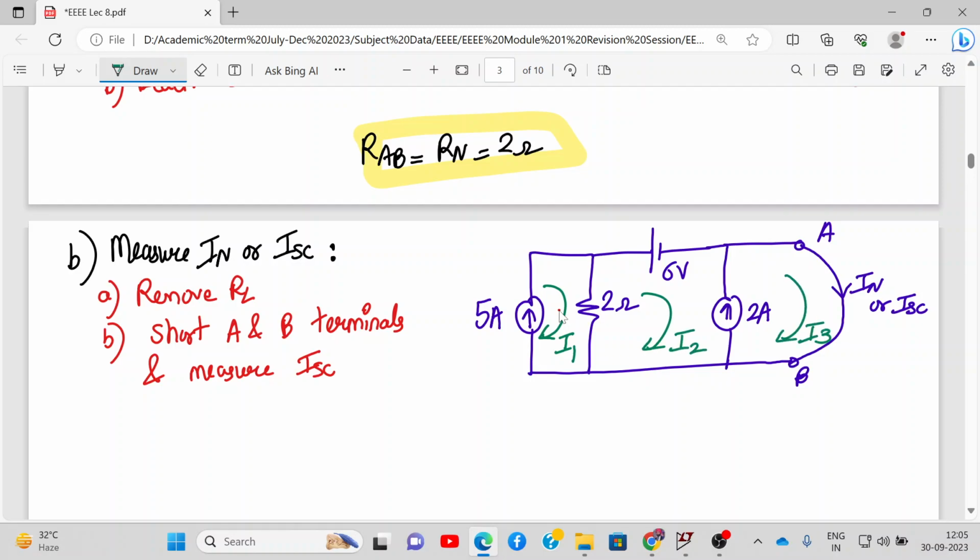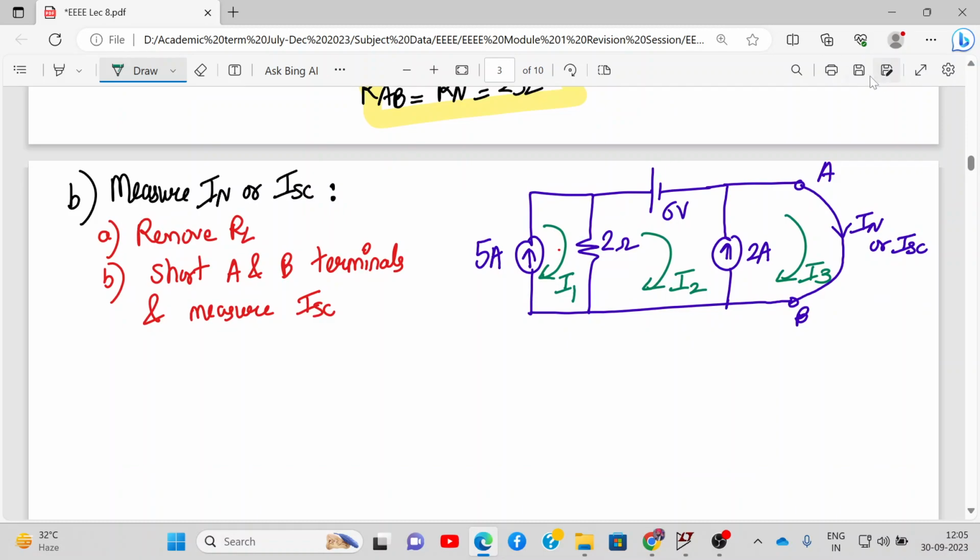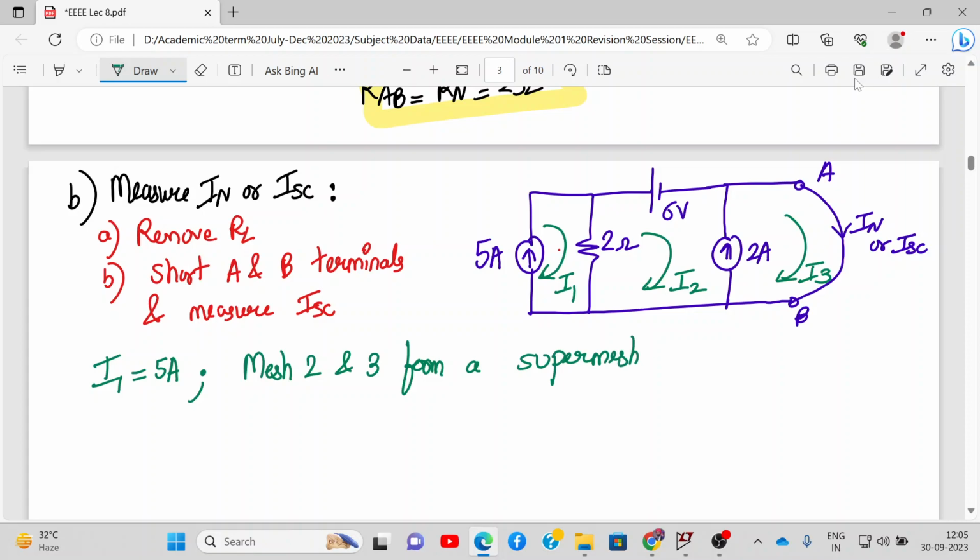Now with a simple observation we can see that I1 is directly equal to 5 amperes. And meshes number 2 and 3 form a supermesh, because a 2 ampere current source is set between mesh 2 and 3.